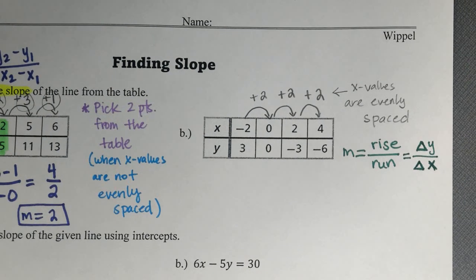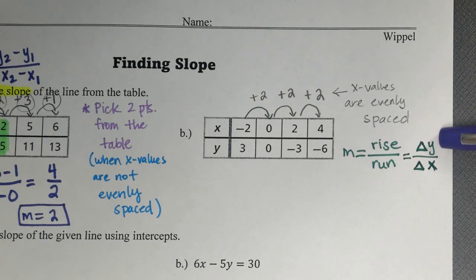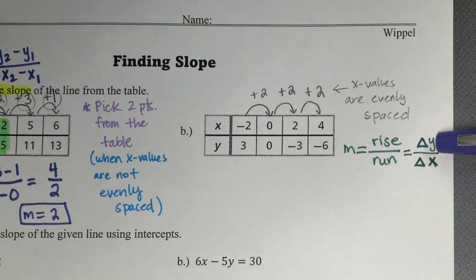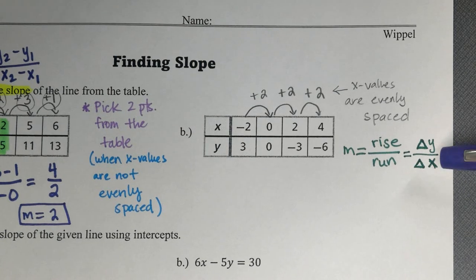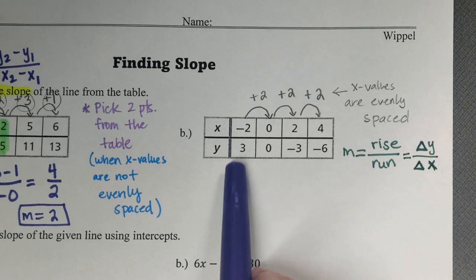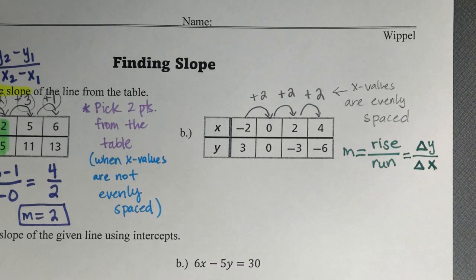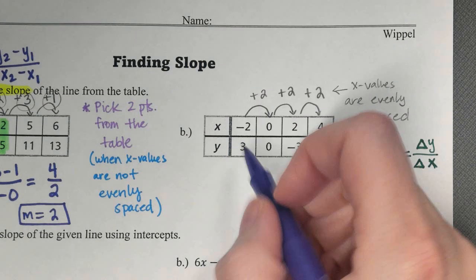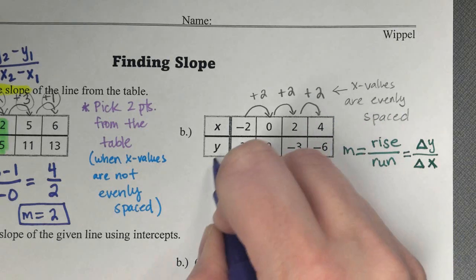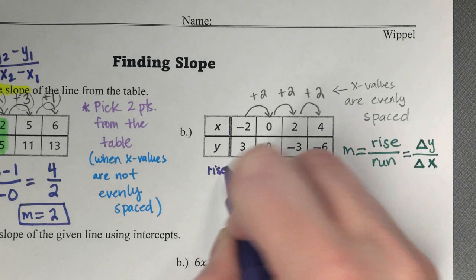That's a little sophisticated for Algebra 1, but again, it's mainly used in science when you're calculating the change between a few things. The change in y is what you have to add or subtract to get to the next value. So this is going to be the rise.